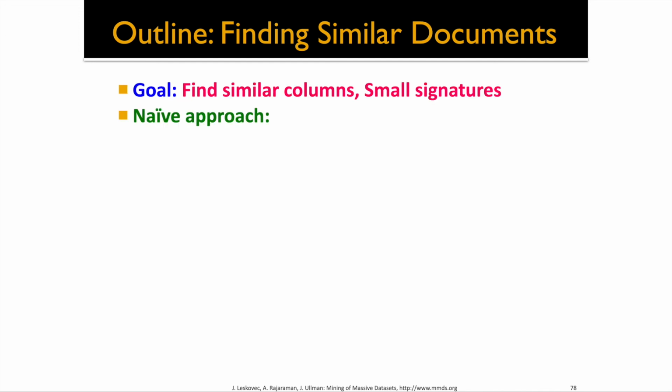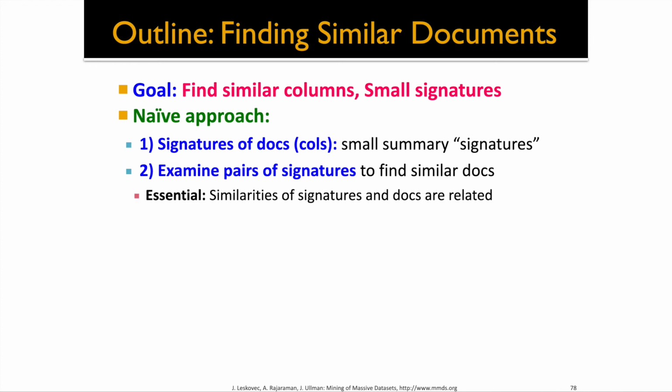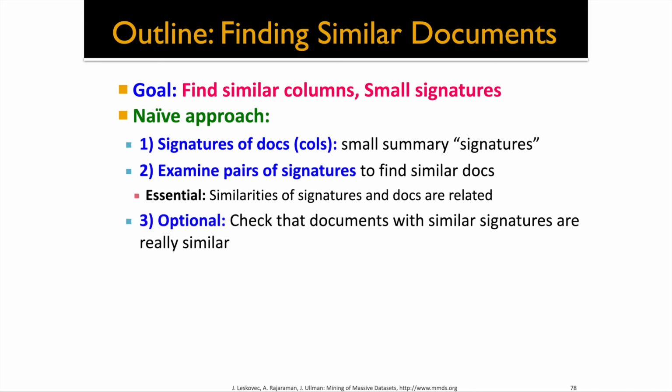So given this goal, we can have a relatively naive approach where we generate these signatures for all documents. These signatures should be small. Then we examine pairs of signatures to find similar documents, and make some constraint here that similarity between two document signatures must be related to, or somehow proportional to, the similarity of the two documents in the full vector space. Then we have this option to actually go through and evaluate all of our signatures to see which documents are actually really similar.